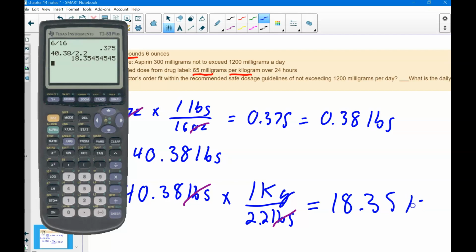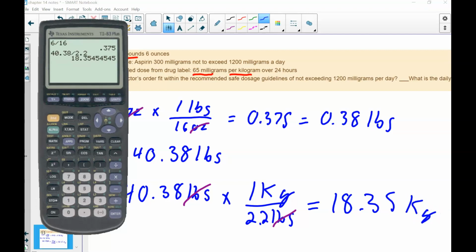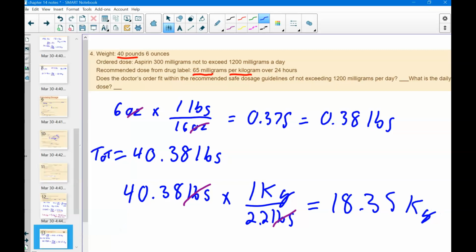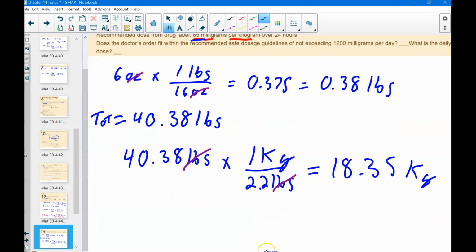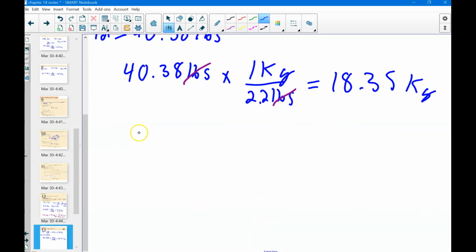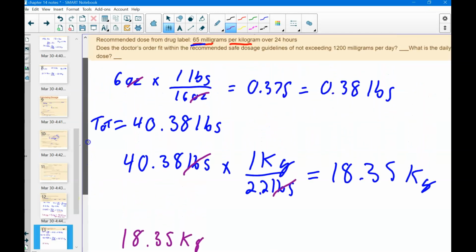That would be kilograms. And we get 65 milligrams per kilogram. So we have 18.35 kilograms. It's 65, yep.